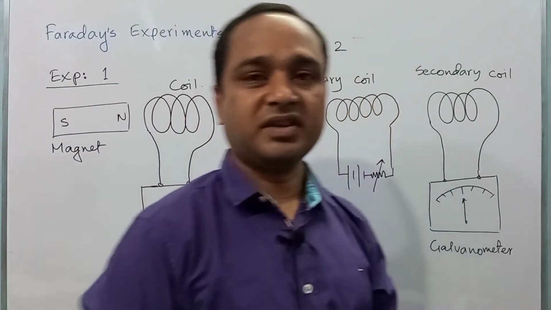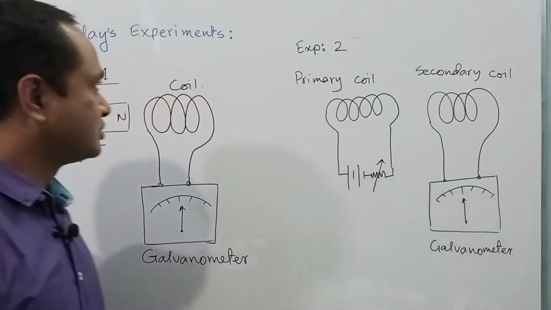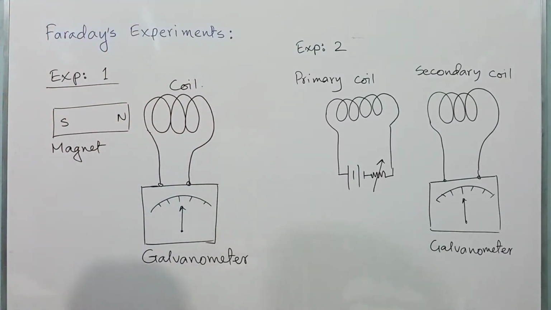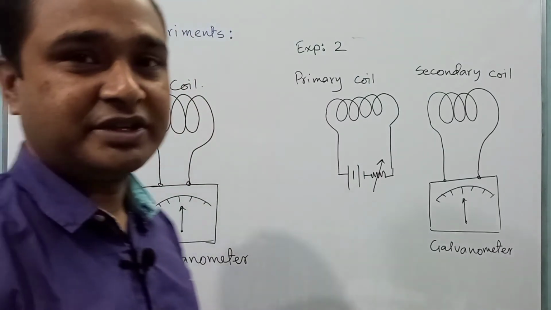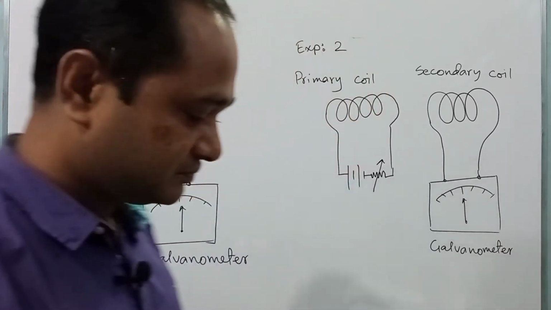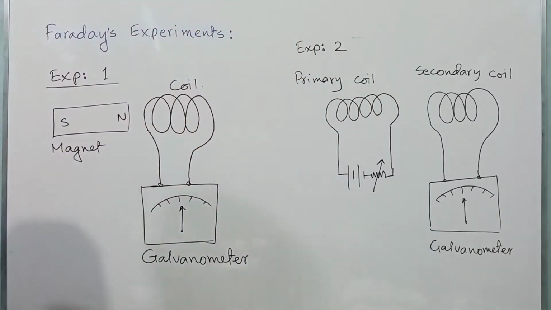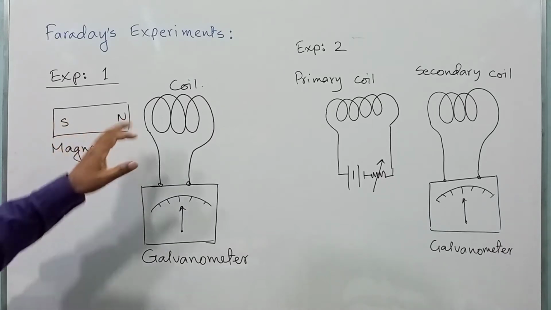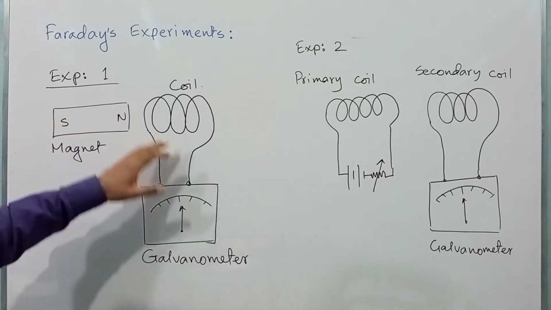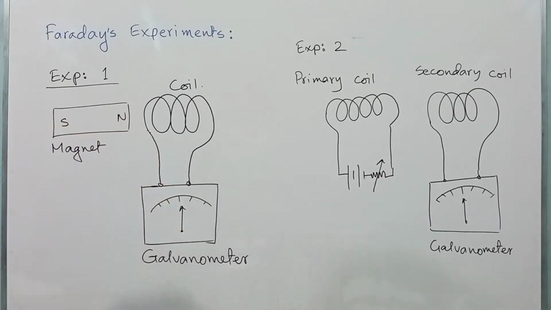Dear student, scientist Faraday showed by his two experiments the phenomenon of electromagnetic induction. In the first experiment, he used a bar magnet and a closed coil connected with a galvanometer. Right?